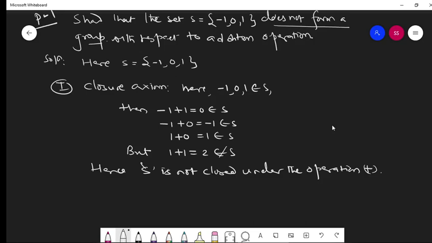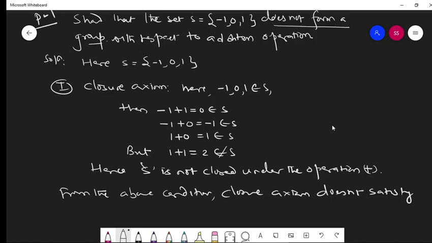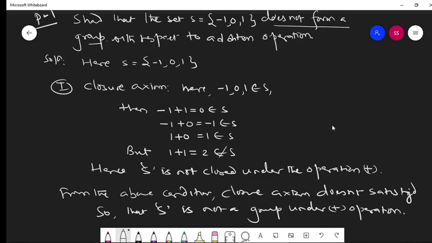That's why we can conclude from the above condition that the closure axiom is not satisfied, so S is not a group under the plus operation. I have concluded the first question.